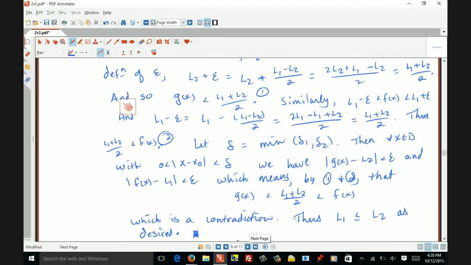So that in your book is actually theorem 2.5. They leave that proof as exercise number 20. So I just did that one for you, but it's not actually a homework problem, which makes it fair game for a test.